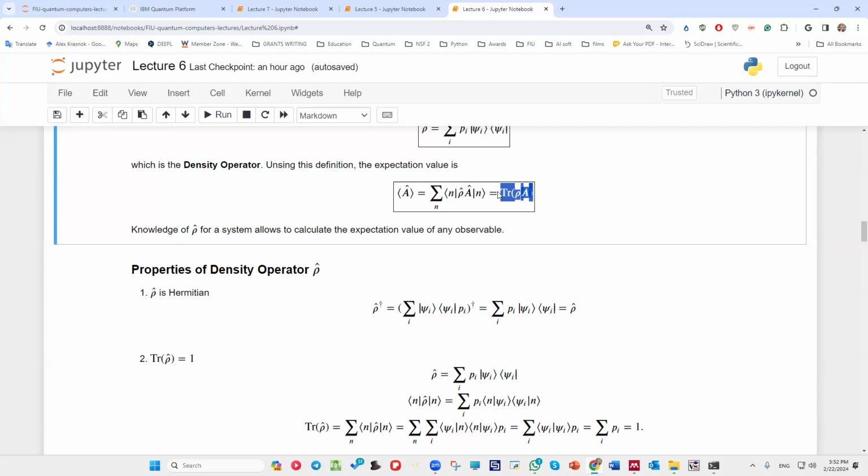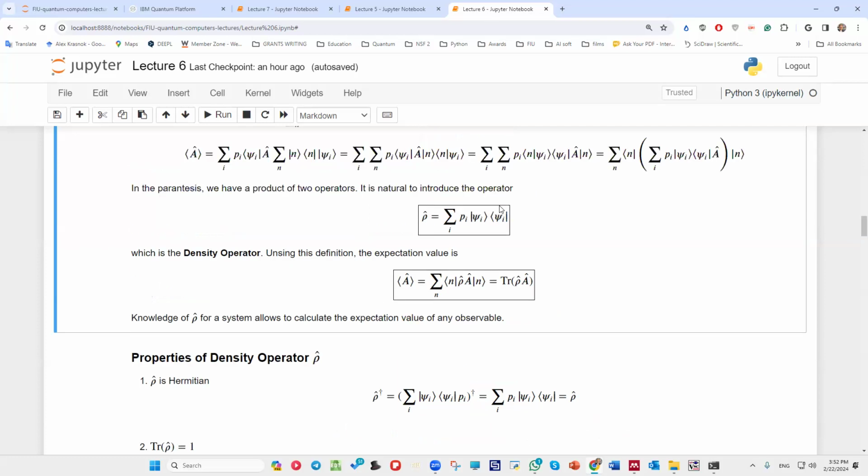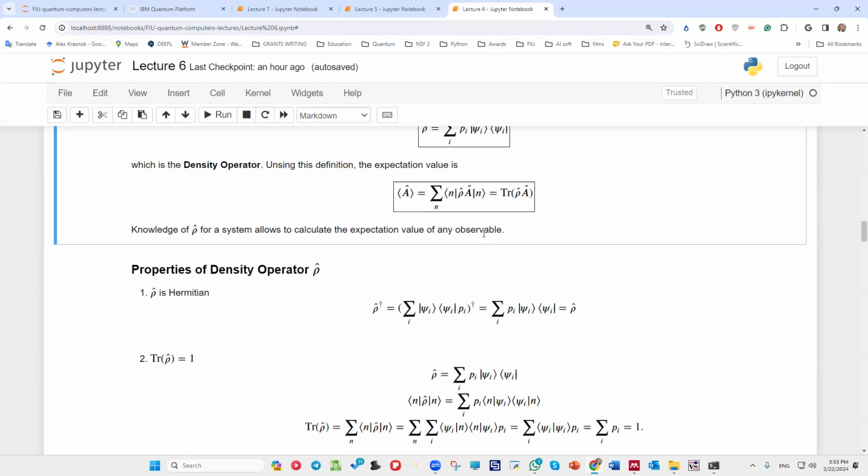Okay, so this formula can be used in a mixed state, but it also works perfectly well in the pure state as well. So you just use the density operator in a pure state, and you can use the same formula for the pure state description.